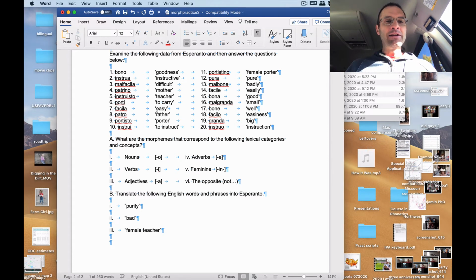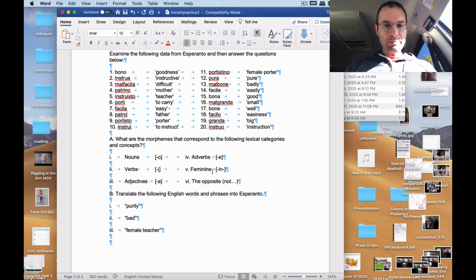Before you do that, you add the IN as a suffix before adding the O to create mother as a noun, and the O determines that it's a noun as opposed to an adjective. I don't know for sure with Esperanto, but patra would probably mean something like paternal or fatherly. Anyways, I'm digressing a little bit.